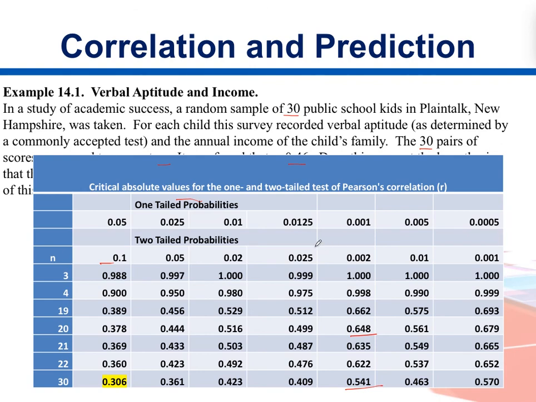Our table, so one-tail probabilities for 0.05 and our n, our sample size over here is 30, 30 pairs of numbers. Our critical is 0.306, or 0.31 if we round it off.